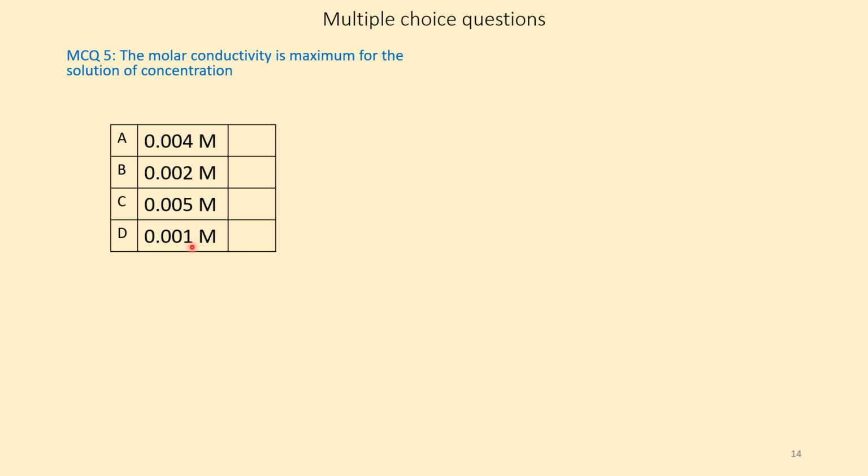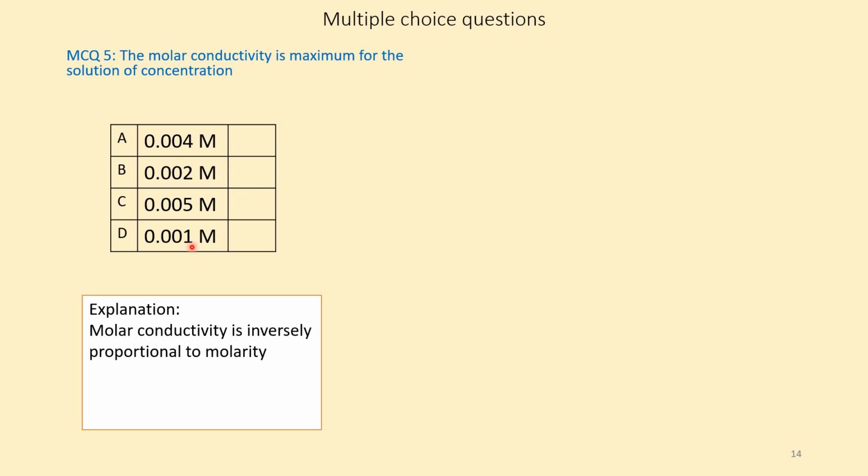So molar conductivity is maximum for the lowest concentration, because molar conductivity is inversely proportional to the molarity. So it is maximum for the minimum, that is option D.